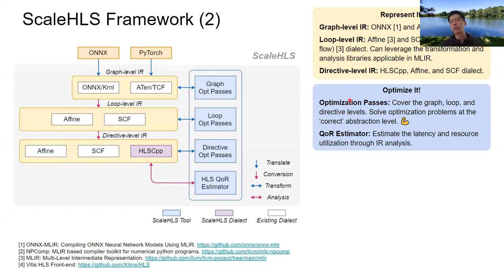Meanwhile, apart from the optimization process, we also provide a quality of result estimator to take the directive level IR in, analyze the IR, and estimate the latency and resource utilization of the design. Basically, it can help the compiler better understand the quality of the design to help apply some other optimizations and the design space exploration. So this is the optimization and analysis process we are providing in ScaleHLS.